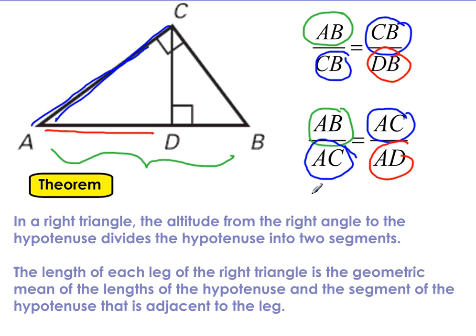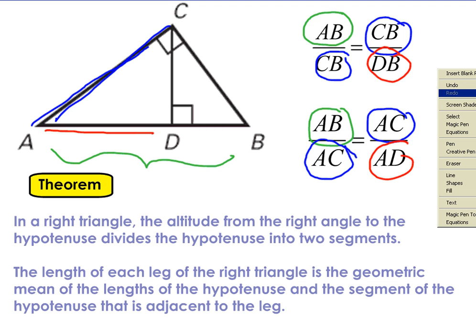So once again, these theorems you could memorize if you wanted to. However, you will always be able to solve these right triangles if you match up corresponding sides. So knowing, if you have a short leg, a long leg, or a hypotenuse that's given, and setting up a proportion accordingly.